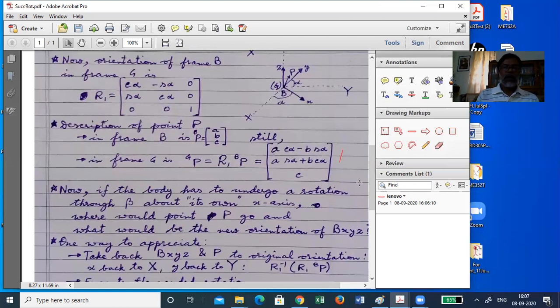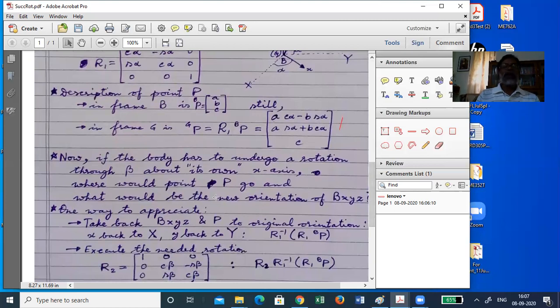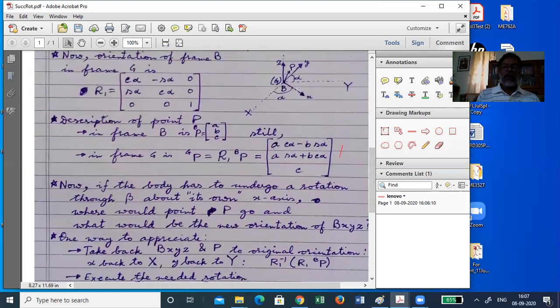One way to evaluate it and appreciate it is to take the turning frame B, x, y, z along with point P, the entire body and frame together, seen in the old configuration, and take it back to the original orientation.